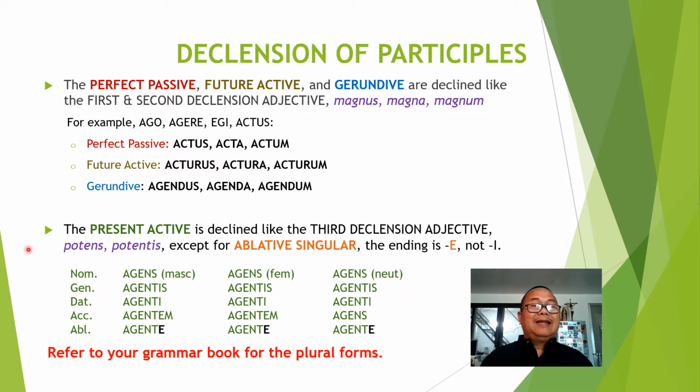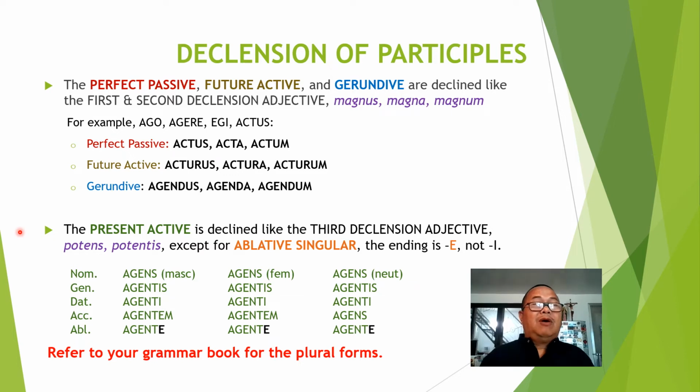It is declined like the third declension adjective, potens, potens, potens. The genitive is potentis. In the grammar books, this is an adjective of the third declension with one ending. Both are the same in the nominative singular: potens, potens, potens.